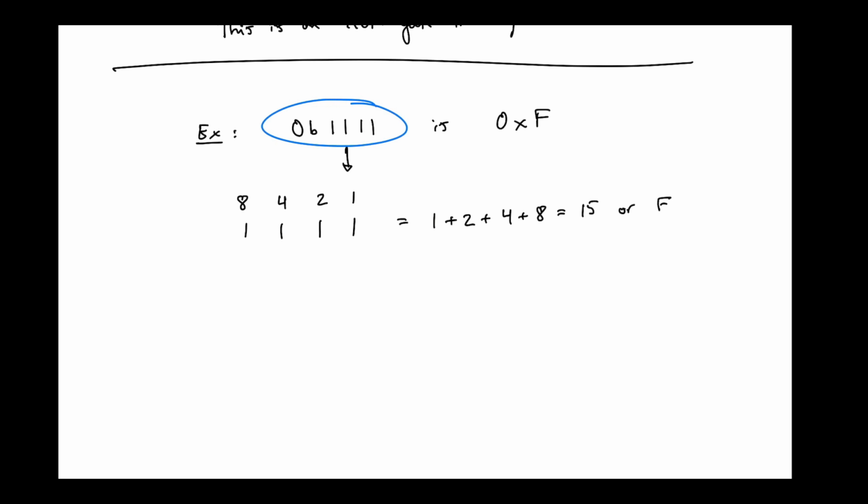Typically you'd see 0x something, and that tells you whatever is after the x is in hexadecimal. Similarly, how could I tell you that you have something in binary? 0b, followed by the digits, is a common way you see this on machines, and I'll try to stick with that as much as possible.